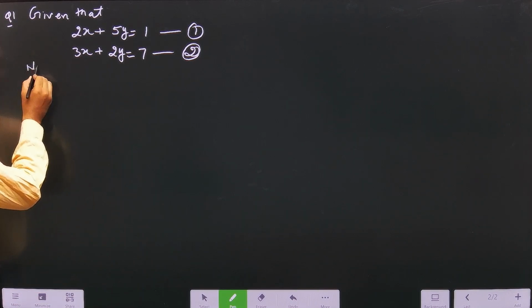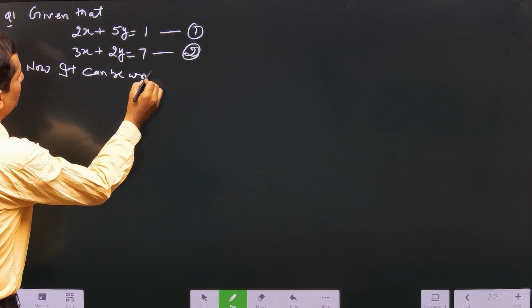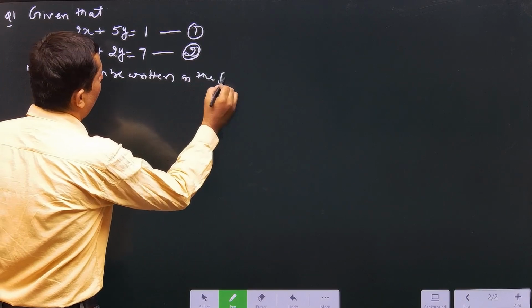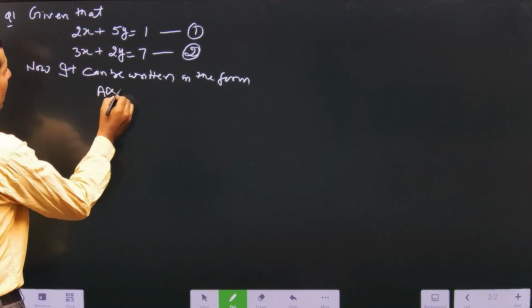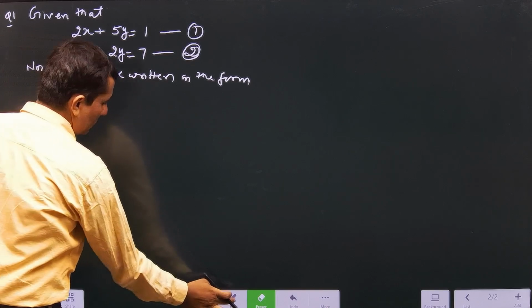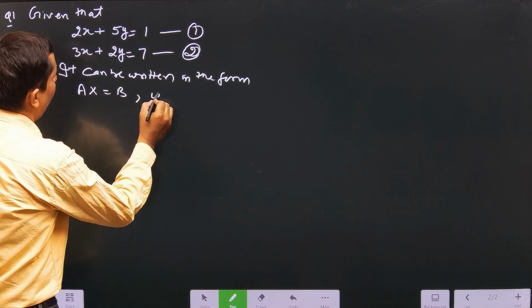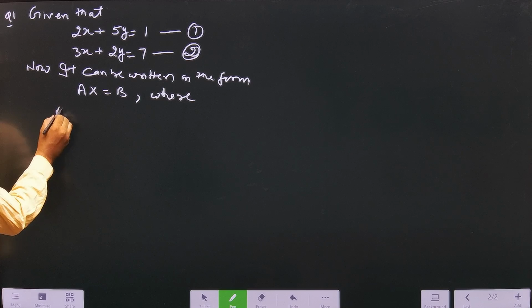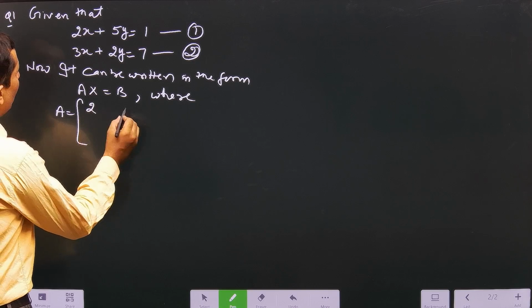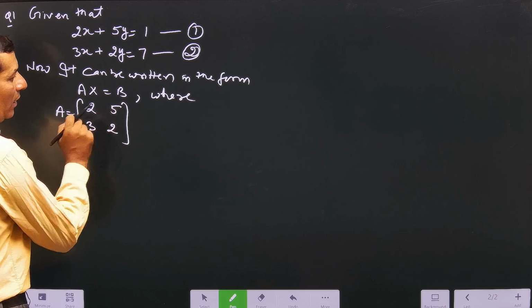Now, it can be written in the form AX = B, where A is the matrix of coefficients of x and y in both equations. It has the values 2, 5, 3 and 2, that is A11, A12, A21 and A22.